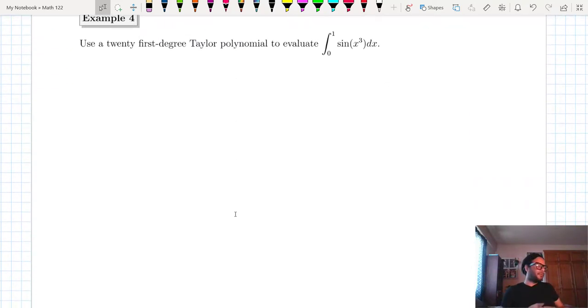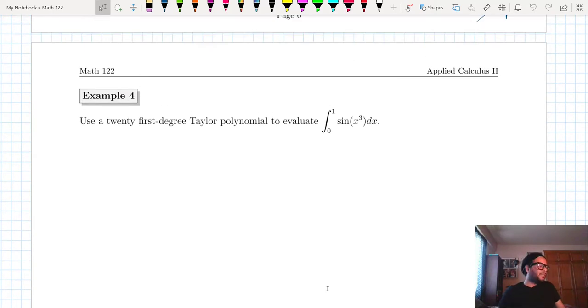Okay, last example. Last example is to evaluate a definite integral. Okay, so they're asking us to use a 21st degree Taylor polynomial to evaluate this integral. All right, when you read this 21st degree Taylor, we're talking about a polynomial of degree 21.